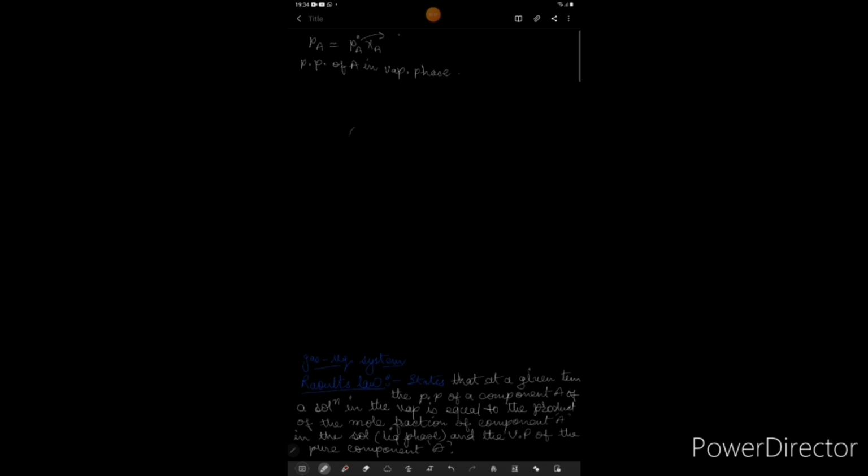This one is the vapor pressure of pure liquid A. Okay, liquid. This one is in liquid phase. Mole fraction of A in liquid phase.